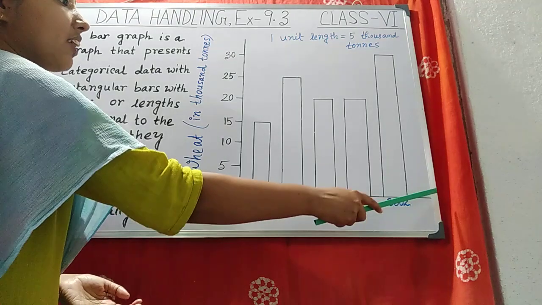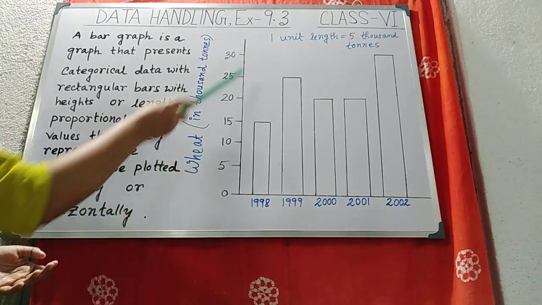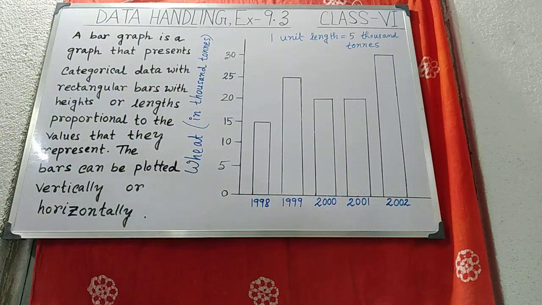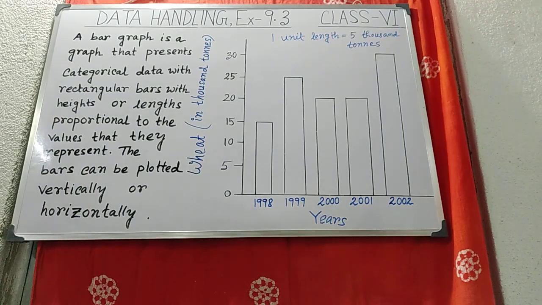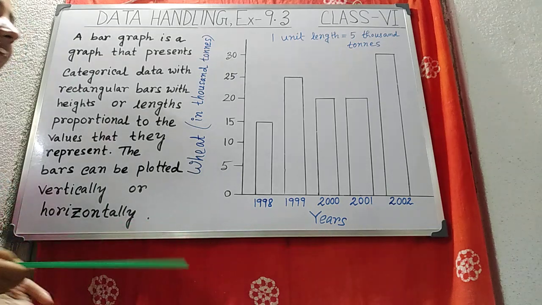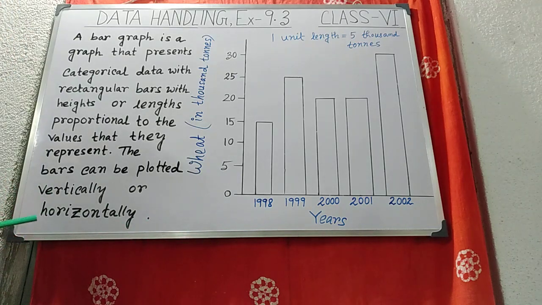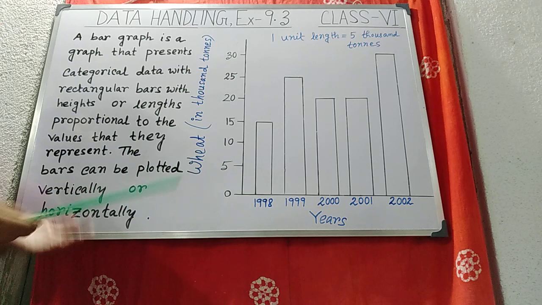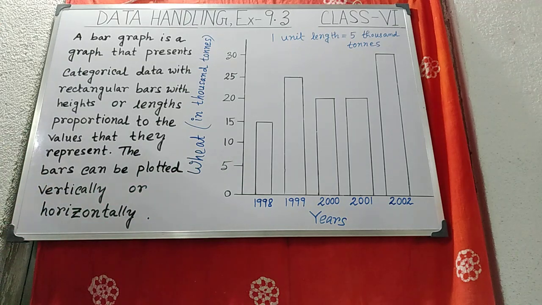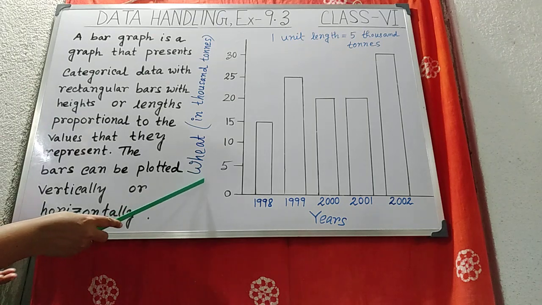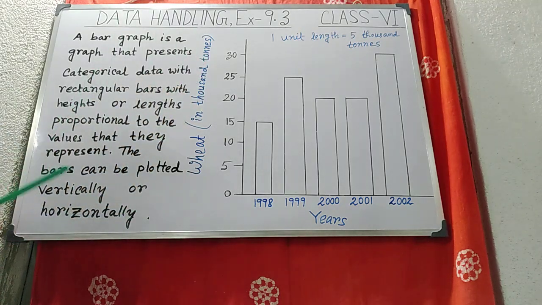This line is called the horizontal line and this line is called the vertical line. Here the horizontal line represents years. We can see 1998, 1999, 2000, 2001 and 2002. And the vertical line represents weight in 1000 tons.